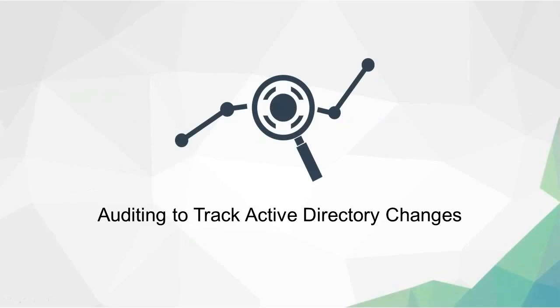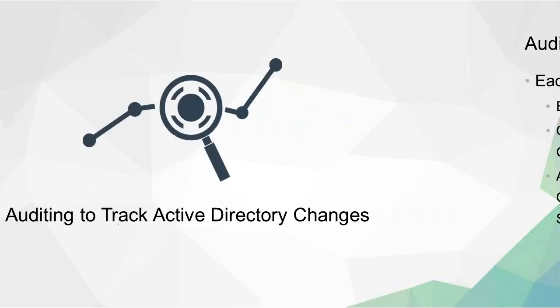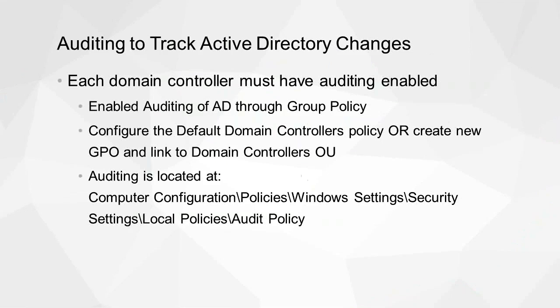Now, in order to get all of this set up, we're going to go into auditing. Auditing is part of group policy, and we're going to go into group policy and enable auditing. If we think about how group policy works and what we're talking about today, since we're only talking about Active Directory changes, we could create a group policy object, link it to the domain controller's OU, and only affect the domain controllers.